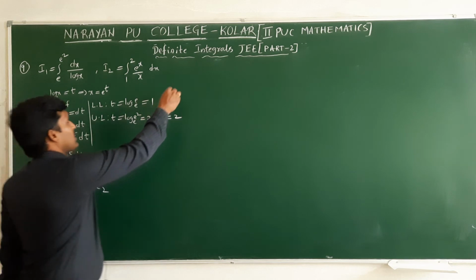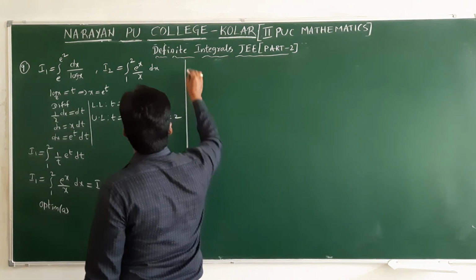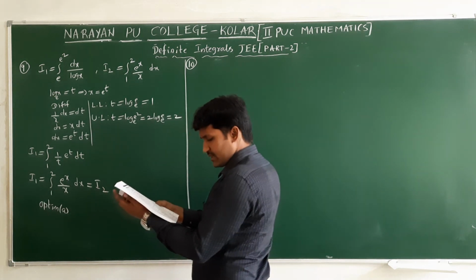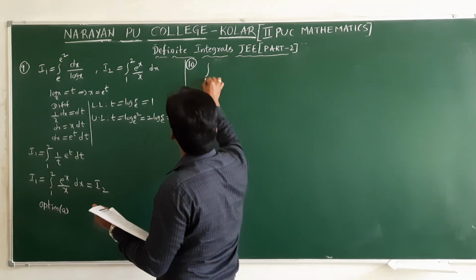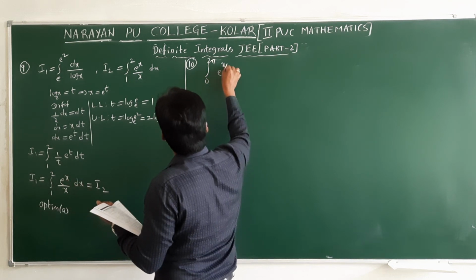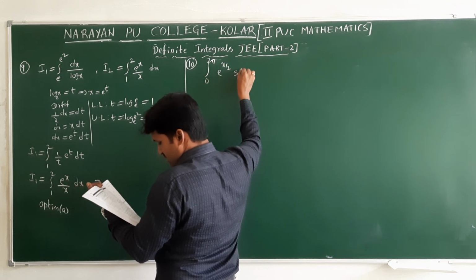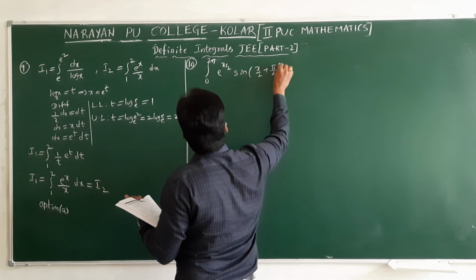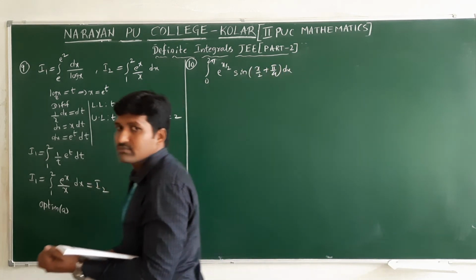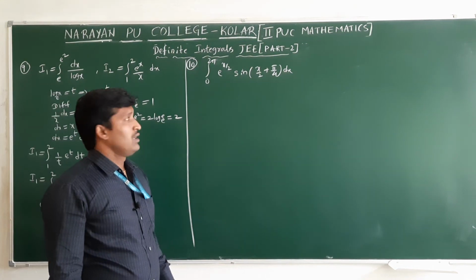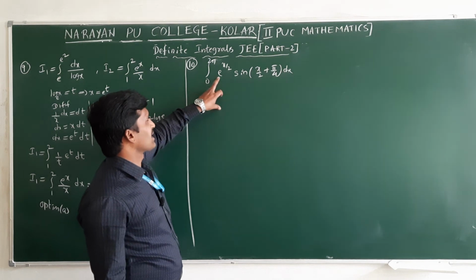Next, coming to question number 10. Question number 10 is given: the integral from 0 to 2 pi of e power x by 2 into sine of (x by 2 plus pi by 4) dx. Okay, here we can't directly simplify.